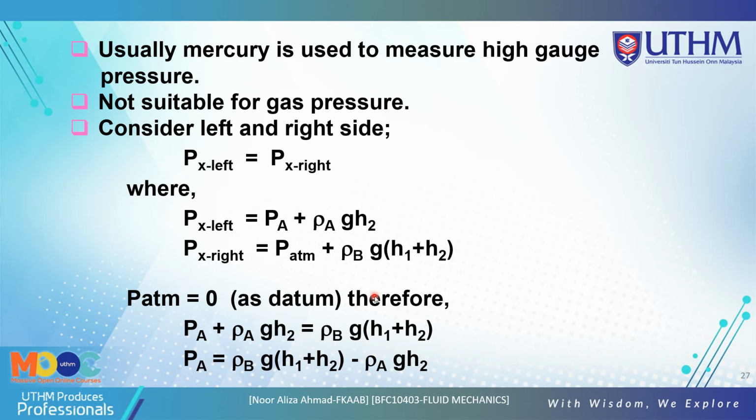So as datum, PA plus density of A times G times H2 is also equal to density of B times G times H1 plus H2, because the atmosphere is 0.